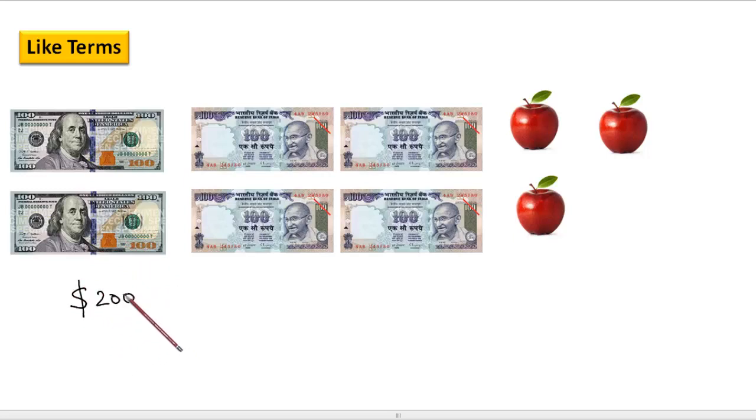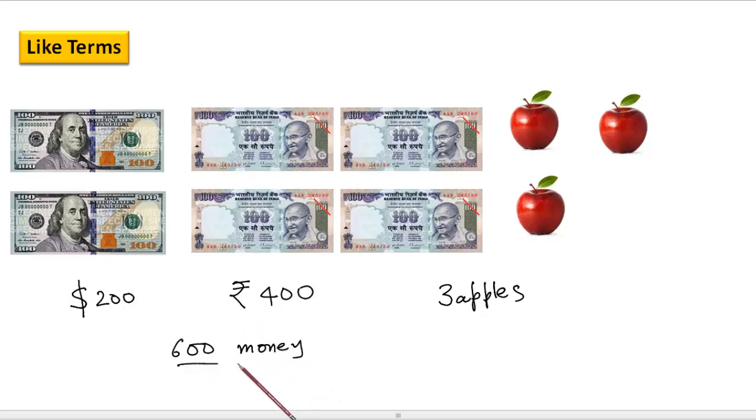And at the same time, since there are four notes of 100 rupees each of India, I see 400 rupees. And I also see three apples. But you won't be saying that I see 600 money, because this becomes a meaningless thing.